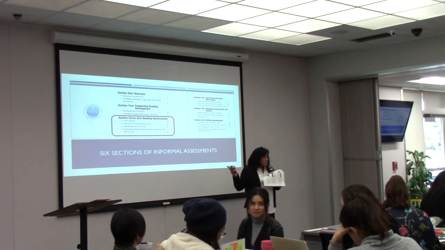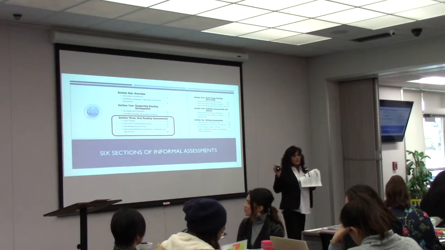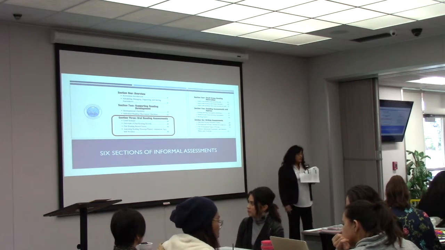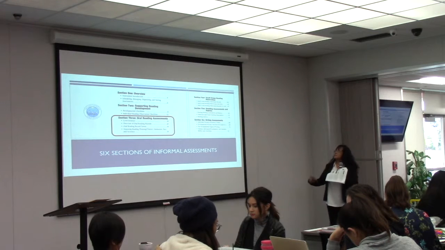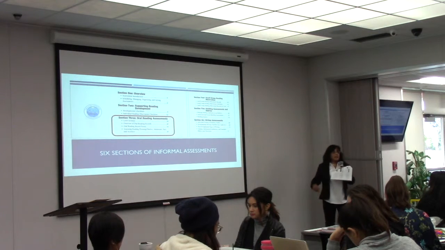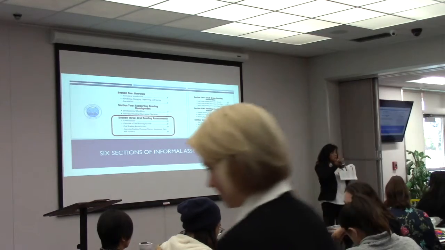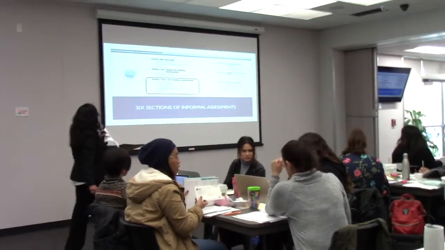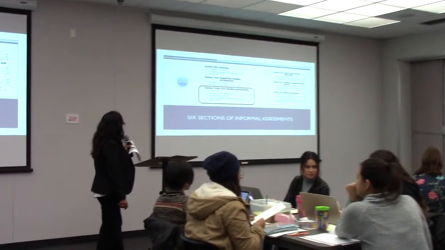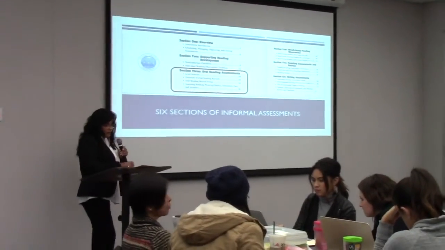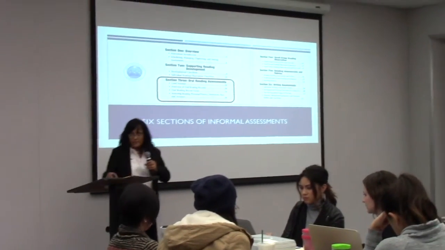So, as I mentioned, at the beginning of your informal assessment booklet, you have the table of contents. We have writing assessments, retelling, rubrics, checklists, a lot of resources, even in just this one book. But we will focus on section 3, which is our oral reading assessment. Let's tab our booklet on page 7.